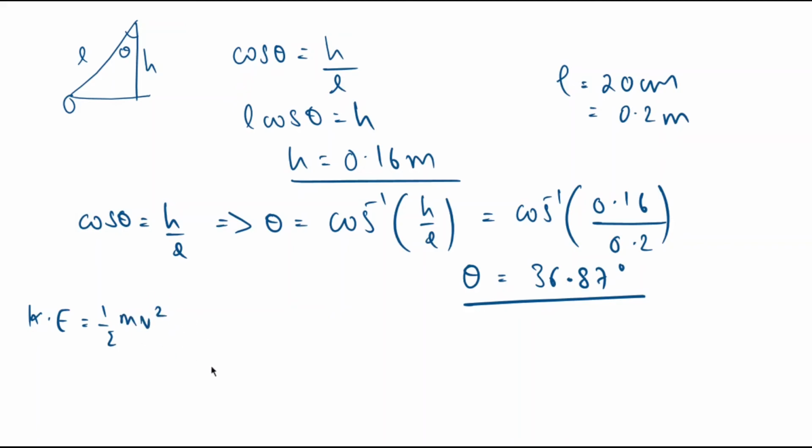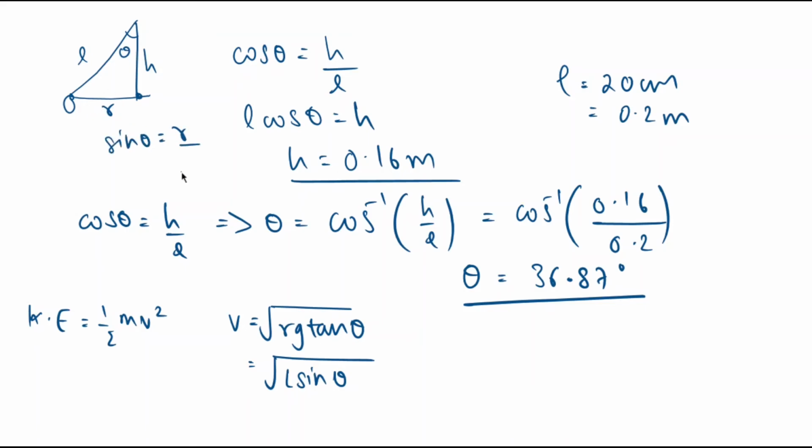Now in order to calculate kinetic energy, that is given by K equal to half m v square, we need to first find out the value of velocity. V is given as root under r g tan theta. R is nothing but the radial distance from the equilibrium position to the extreme position of the bob. So R can be written as L sin theta, since sin theta is opposite upon hypotenuse.